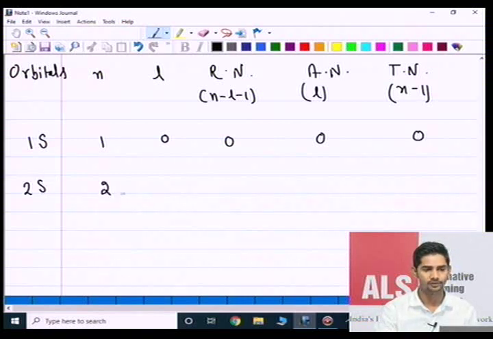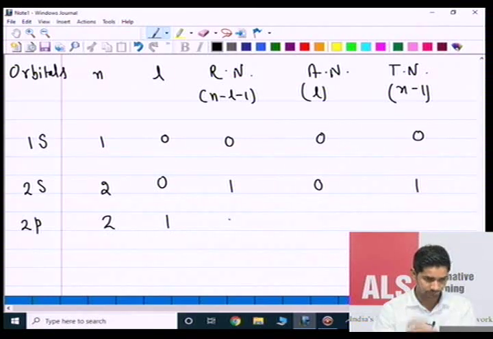For 2s, n will be 2, l will be 0. Radial node will be 1, angular node will be 0, and total node will be 1. For 2p, n is 2, l is 1. If I put these values, I'll get radial node 0, angular node 1, and total node 1.